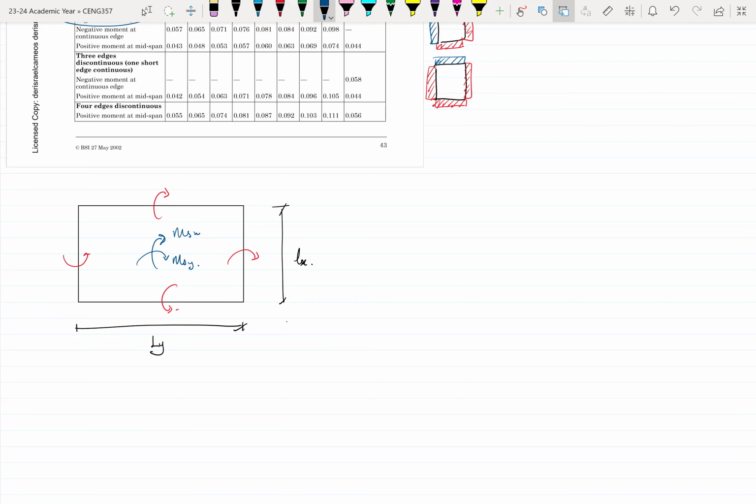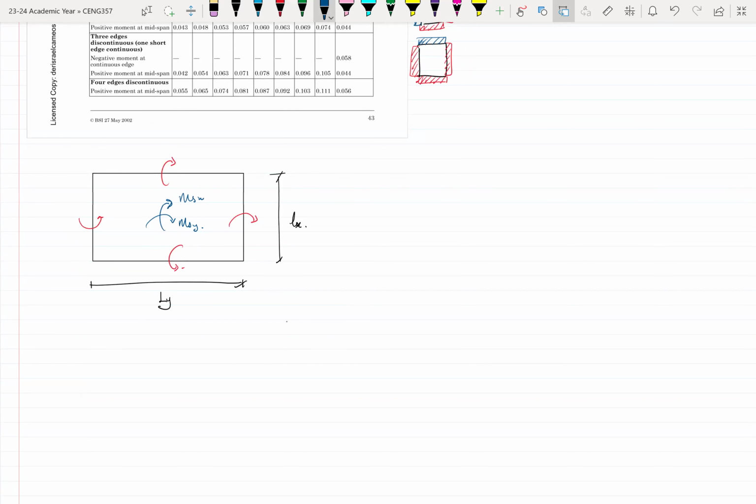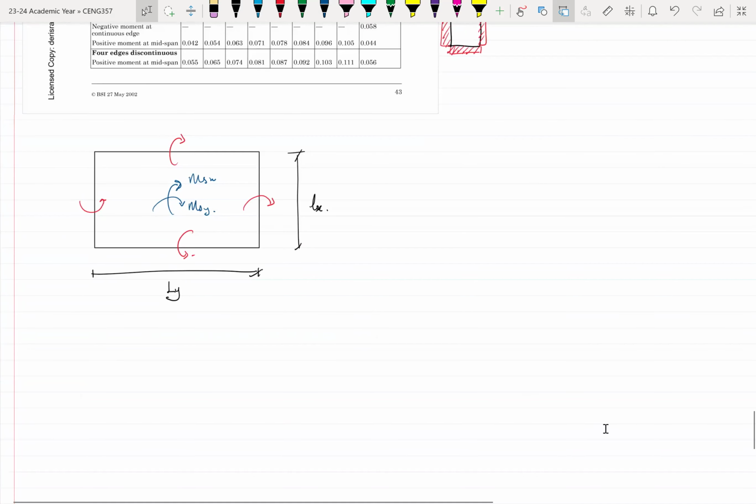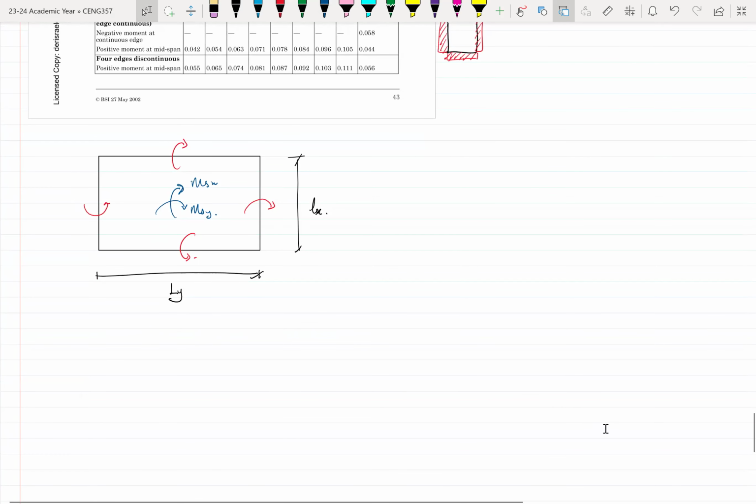What we do when it comes to cases like this is we try to divide our slab into what we call strips. So we use the strip approach to design these types of slabs.